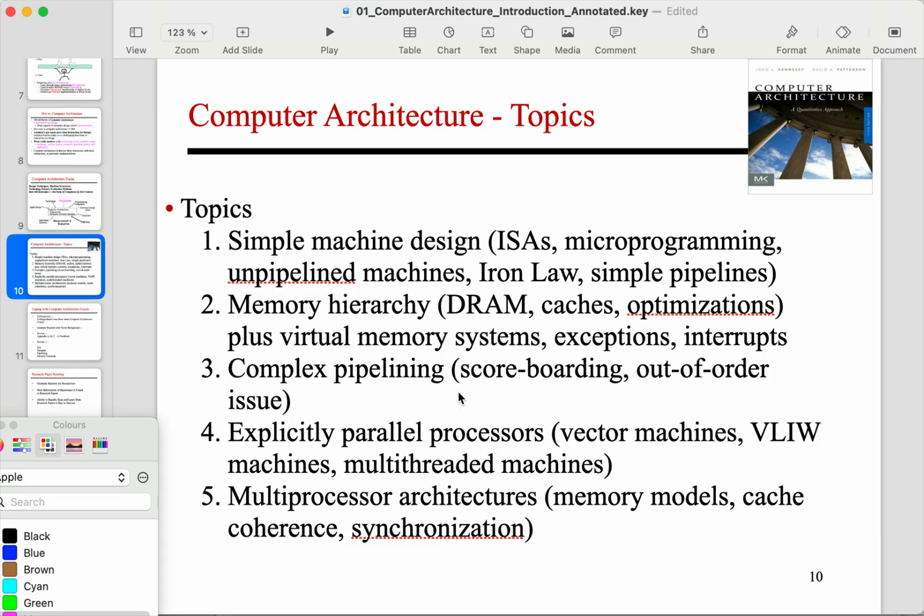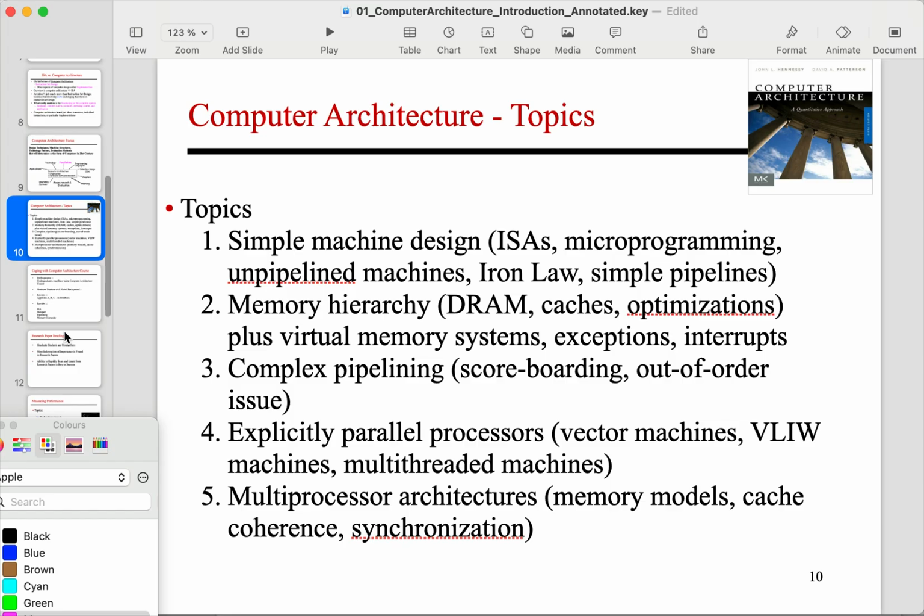So let's look at the overall topics for computer architecture. Simple machine design, instruction set design, microprogramming, unipipeline machines, and simple pipelines.